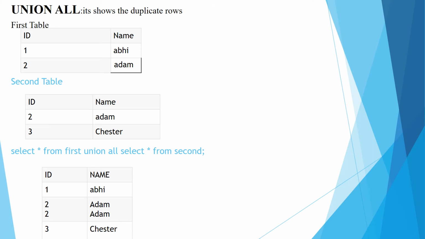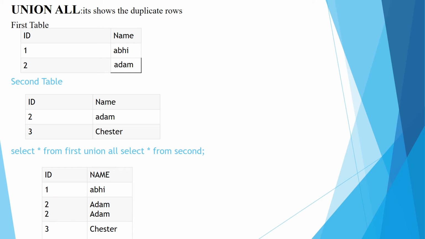The first table has ID and name, and the second table also has ID and name. The 2 attributes are the same, and the values are also the same. Select asterisk from first, union all, select asterisk from second. The first and second table values are combined in one common table, called the resultant table.